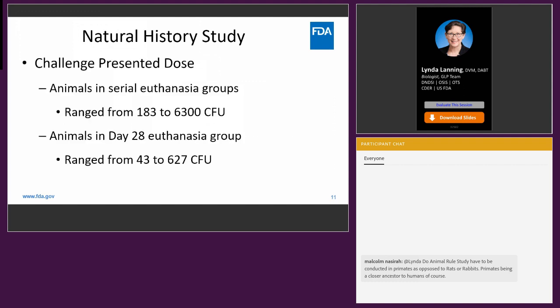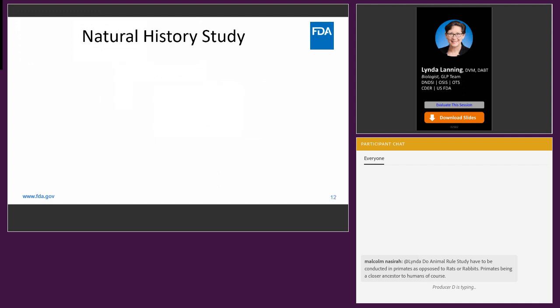The presented dose of the challenge agent was measured to be 183 to 6,300 CFU for the serial euthanasia groups and ranged from 43 to 627 CFU for the day 28 euthanasia group. Remember that the target presented dose was 1,000 CFU.